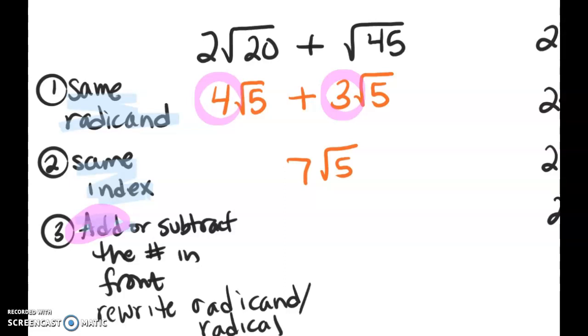So I'm not changing anything under this. So this would be my answer. And so that's how I would add or subtract those. You need the same radical and the same index.